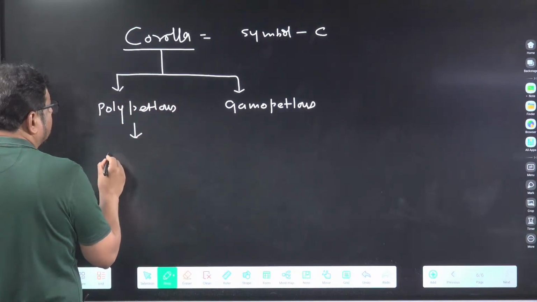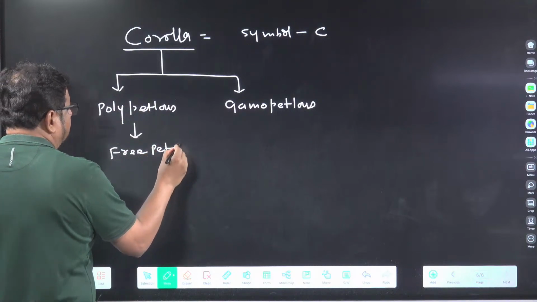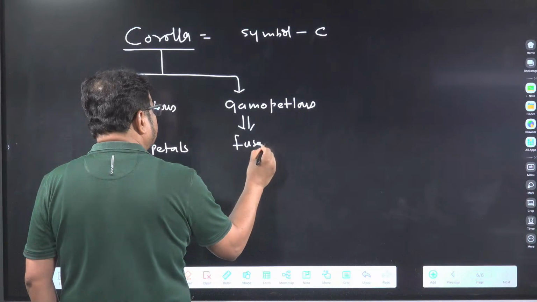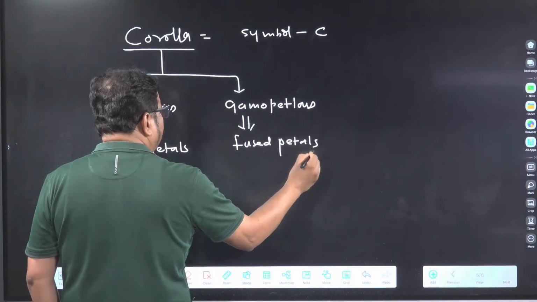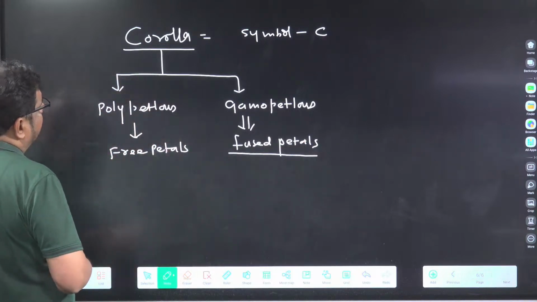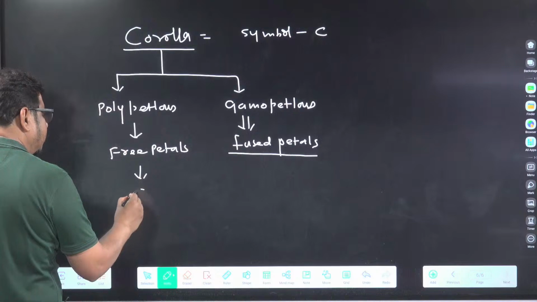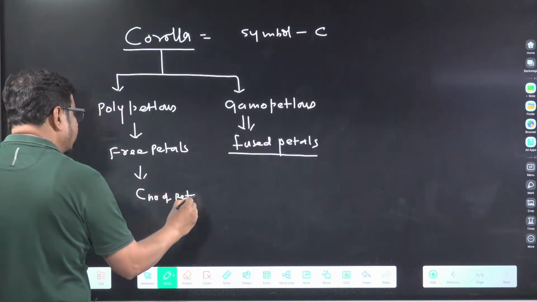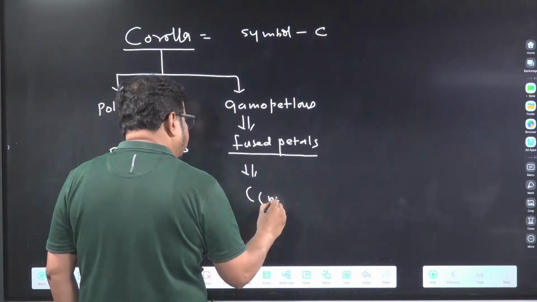Polypetalous means free petals, and gamopetalous means fused petals, or united petals. Understanding the idea or not? So for free petals, we write the symbol C with the number of petals. For gamo, we write C, under bracket, number of petals.